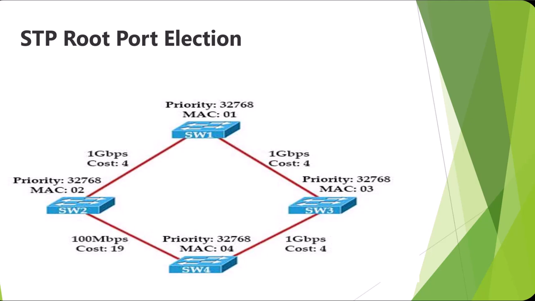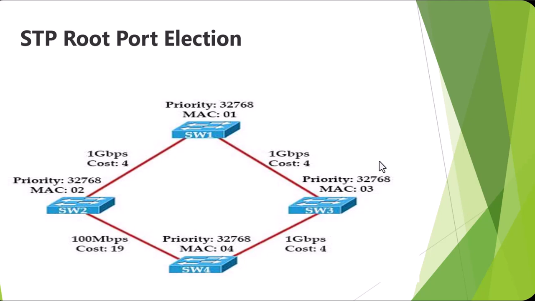As you know, the root port is the port that is closest to the root bridge, which means it is the port receiving the lowest cost BPDU from the root. Every non-root bridge must have a root port, and all such ports are placed into forwarding state.